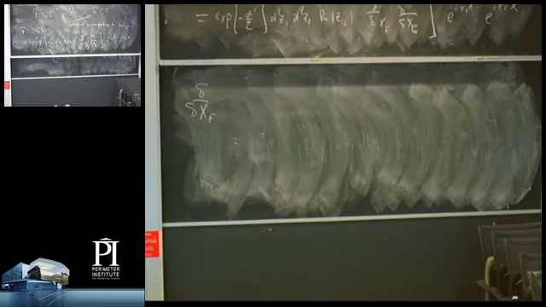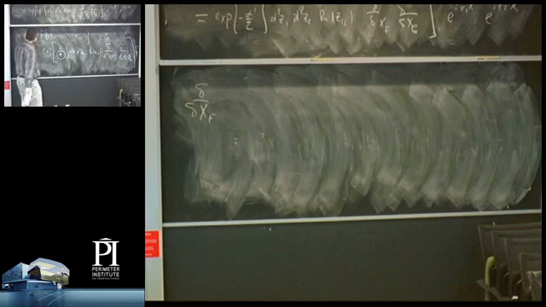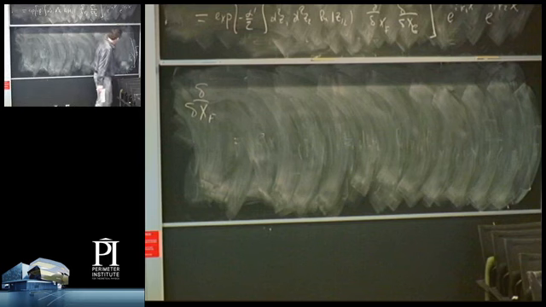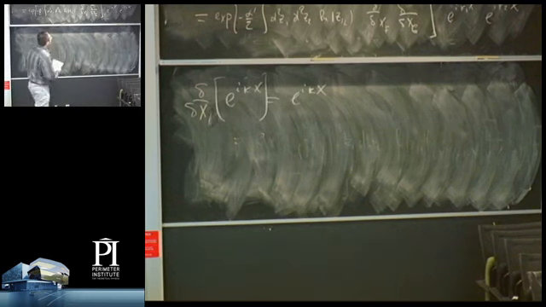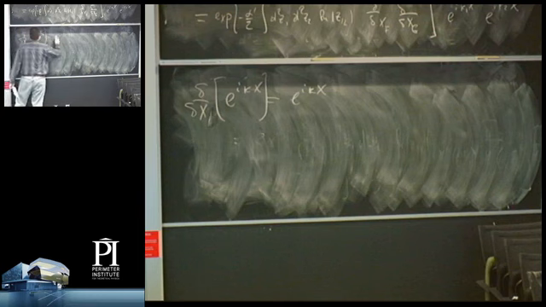Actually, we can compute this exactly, even though it seems a little bit complicated. The reason is, let's look at what this is. If I have delta over delta x acting on e^{ikx}, what will I get? I will get e^{ikx}, what I had before, and then I have to differentiate ikx with respect to x.